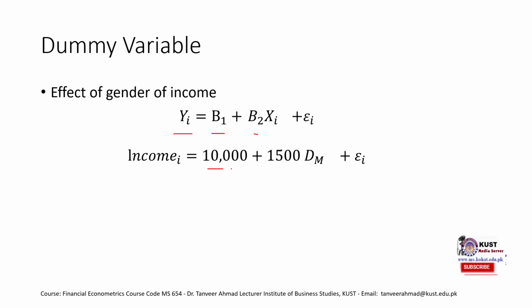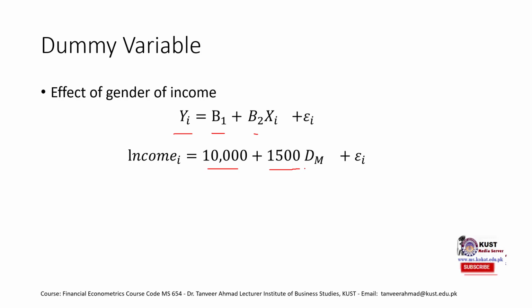This is our beta 1, our regression coefficient, and this D denotes that this variable is a dummy variable, and this M denotes that we have given the value 1 to male. It is not necessary that you write it in this specific way, but normally we write it this way so that it reminds us while we are interpreting the coefficients.